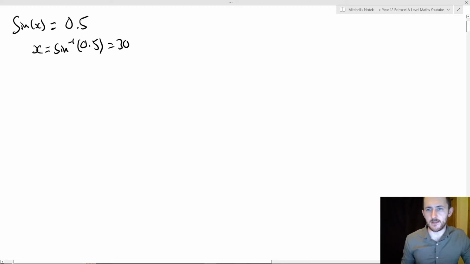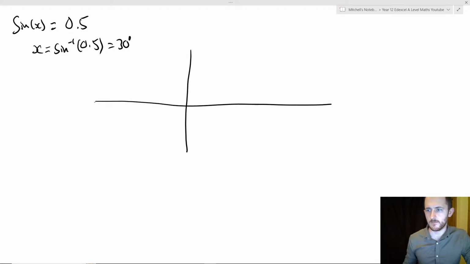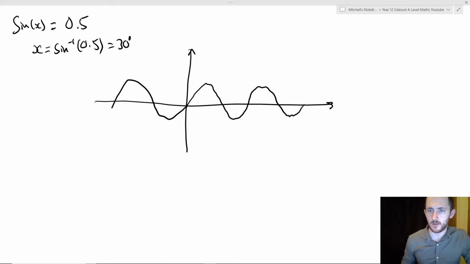Now the thing is, if we actually look at the sine graph, if we draw the graph down the middle, it starts off at 0 and it goes up and down, and so on. Even on the other side, it repeats as well. Now, if we're looking at the values of a half, so this is +1, this is -1, the values of a half are going to be here.